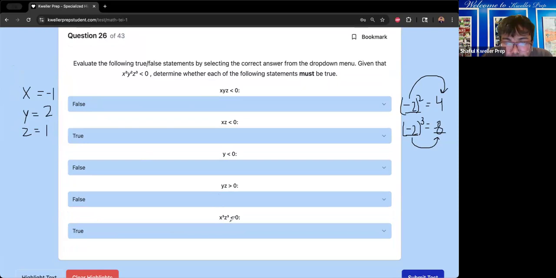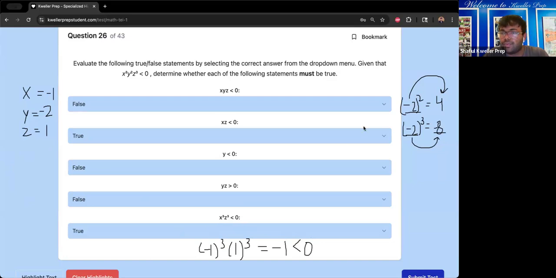We plug this in, x cubed, z cubed. X cubed, z cubed is just -1 cubed, and then 1 cubed is less than 0. So this is -1, which is less than 0. So this should just be true.